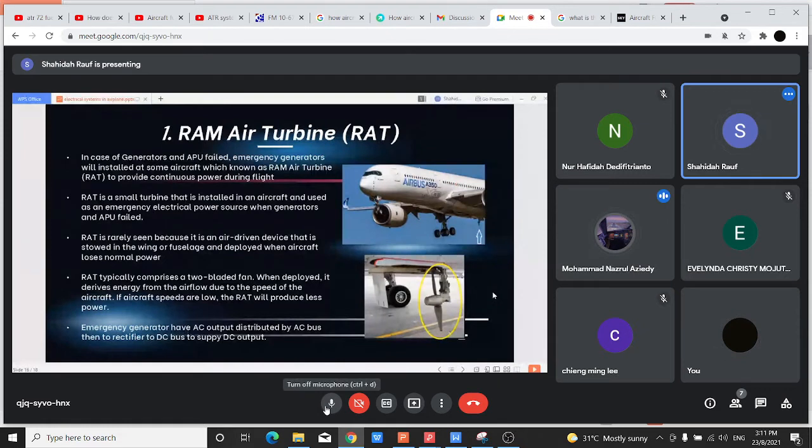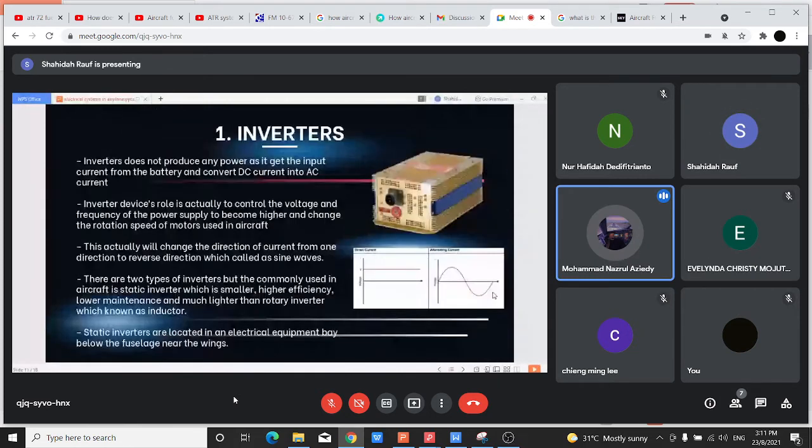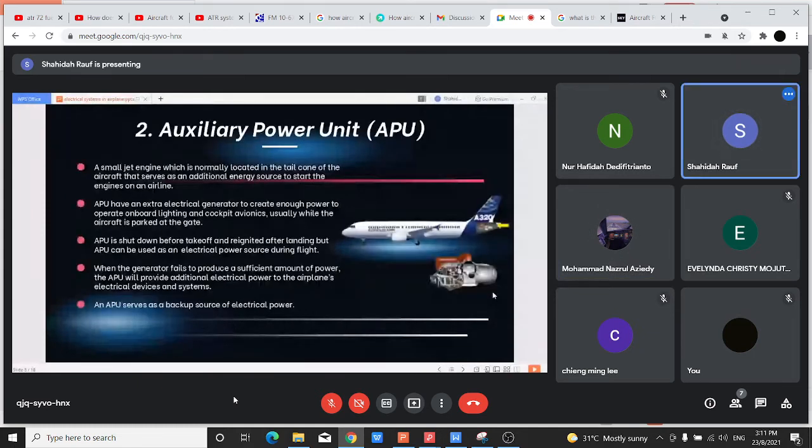Okay, Shahidah, I have a question about the APU. As you know, there are two types of APU in aircraft, which are the APU starter and APU bleed air. So, is it the same function? Actually, I am not really sure about those two types.